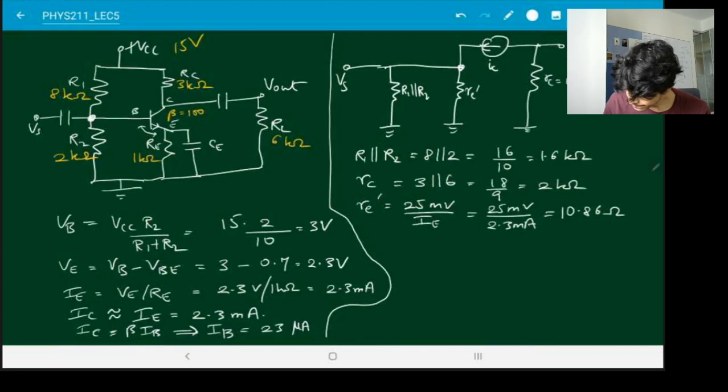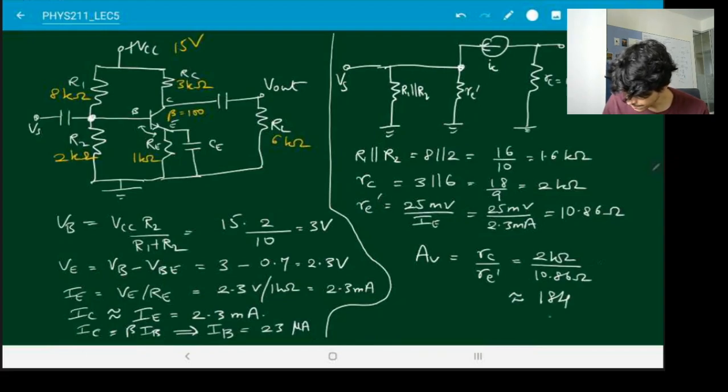So then the gain that we get in the end is going to be RC over RE prime. RC is 2 kilo ohms, RE prime is 10.86 ohms. So this is going to be something like 184 approximately.